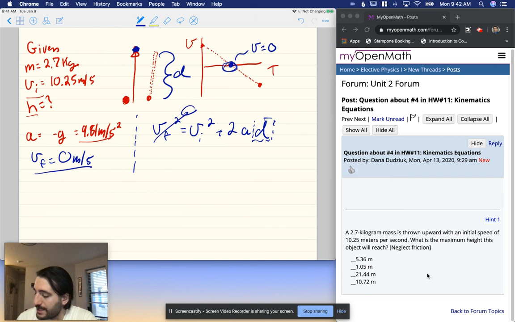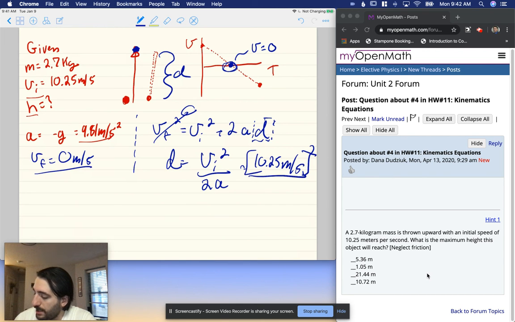So I have that this is equal to 0. And then I can solve this for D. I get D equals V initial squared all over 2A, which I can then plug in my numbers, 10.25 meters per second, square the whole thing, 2 times 9.81 meters per second squared.